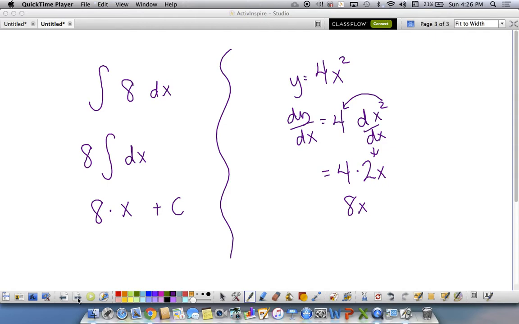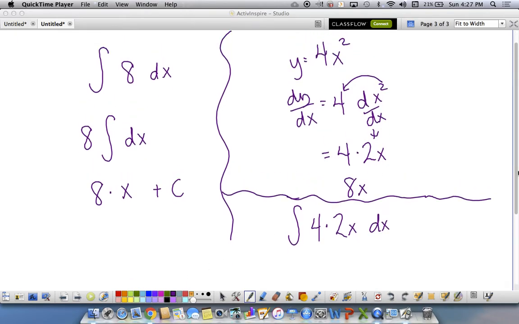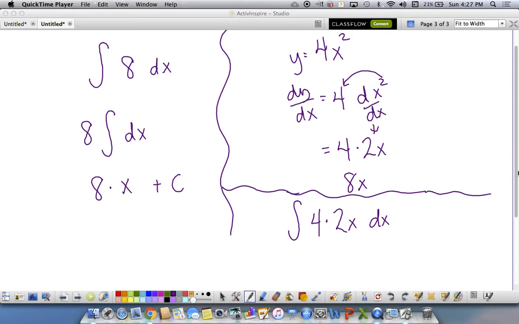To the point of, what if I give you 8x as an answer? So what is the integral? I'm not even going to put 8x. I'm going to put 4 times 2x dx. Sorry, this was another thought bubble. Another problem. If I have 4 times 2x dx, and I want to pull the 4 out: 4 times the integral of 2x dx.